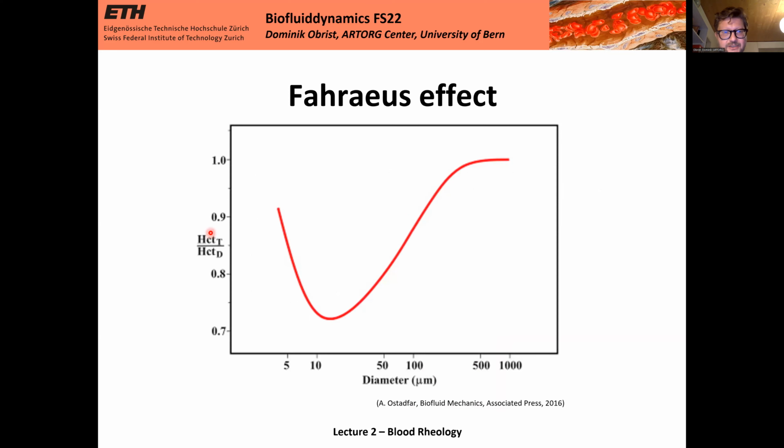We see here the ratio between tube and discharge hematocrit, and we see that for vessel diameters, let's say above 500 microns, somewhere 0.3, 0.5, the whole effect nearly disappears. And we have nearly a ratio of 1. But as soon as we go to small vessels, like here we have a minimum somewhere around 10, we have a reduction of the tube hematocrit of about 30%.